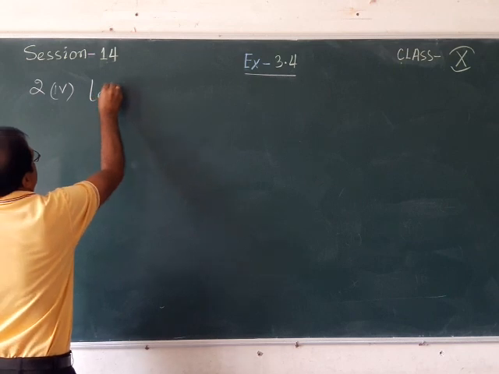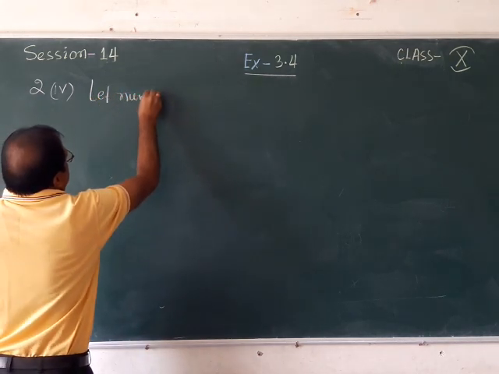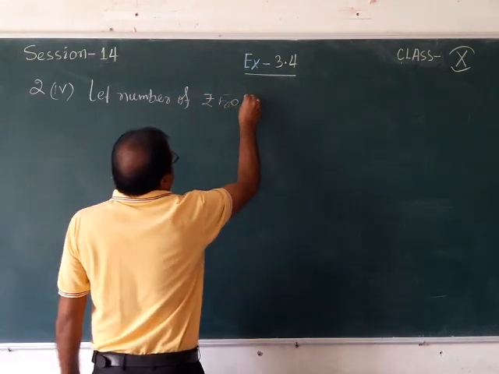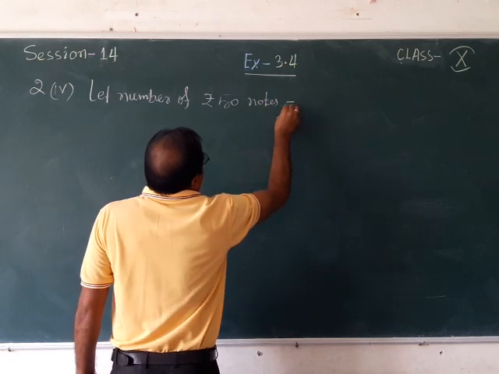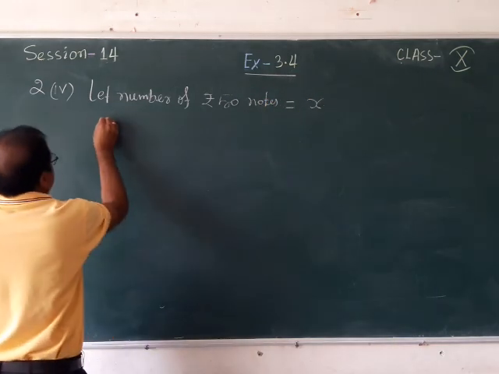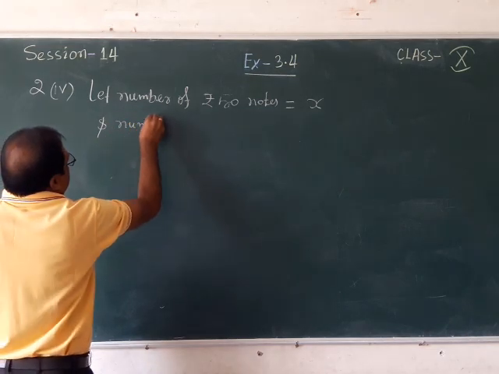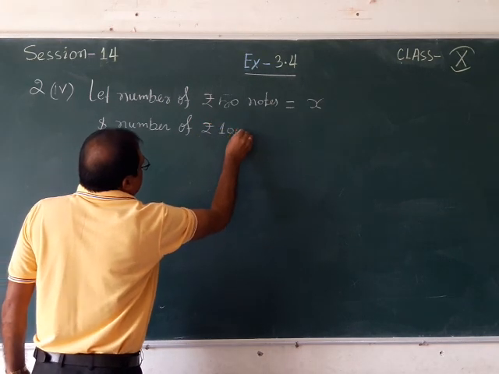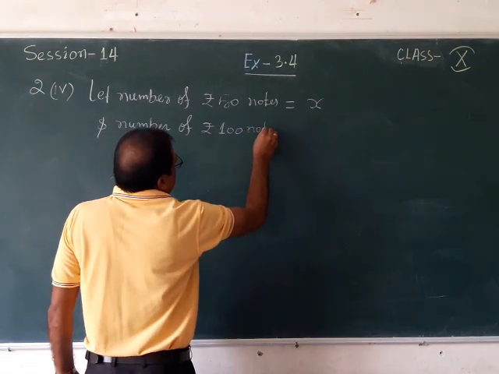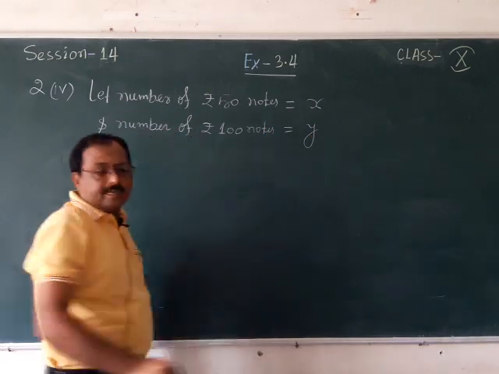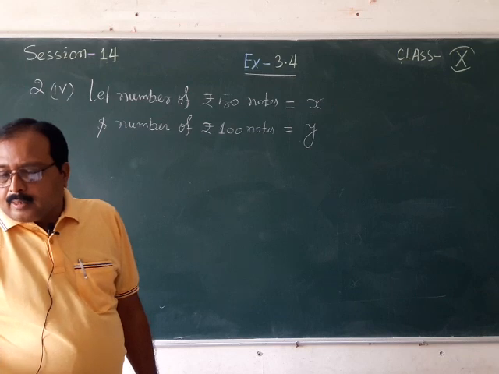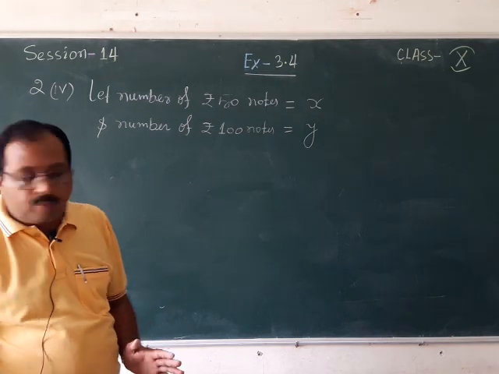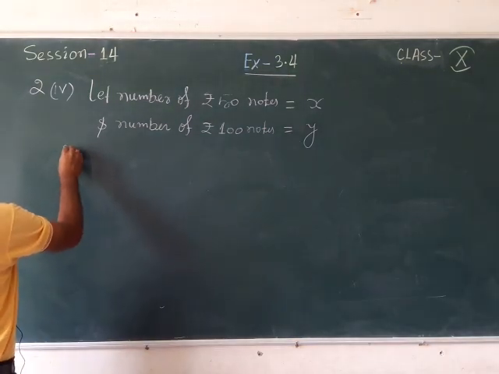Let the number of rupees 50 notes be x, and the number of rupees 100 notes be y. So according to the question there are two conditions.